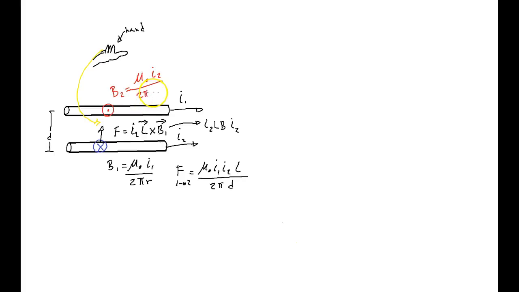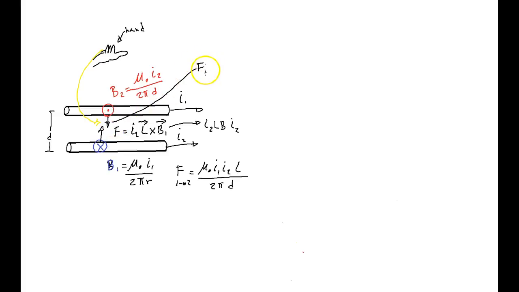Your index finger has to point out of the board now, because the magnetic field from wire number 2 acting on wire number 1 is pointing out of the board, so the force now is inverted, down. So this will be the force of wire number 2 acting on wire number 1, and that's going to be equal to I1 times L cross B2.